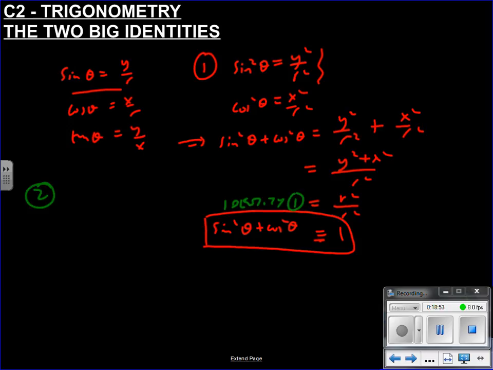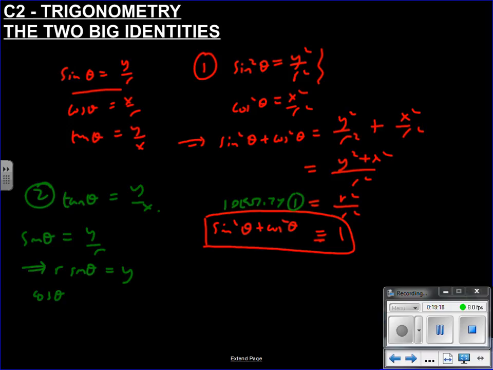Identity number 2, another big one, involves tan. To prove that tan theta is the same as sine theta over cos theta, let's do that. So tan is y over x. We know that sine theta is y over r. So if we want to get y by itself, times by r, y equals r sine theta.